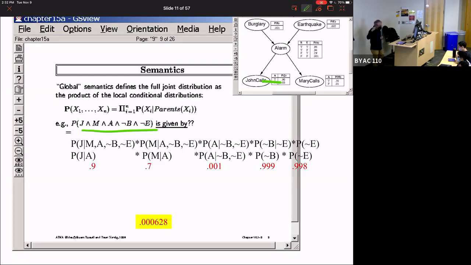If you understand that, that's basically what is captured by the Bayes network. And if you use that, then for John given Mary, alarm, not B, not E: the moment alarm is there, Mary doesn't matter because it's a descendant. Burglary doesn't matter because it's an ancestor. Earthquake doesn't matter because it's an ancestor. So P(John given Mary, alarm, not burglary, not earthquake) is nothing but P(John given A).